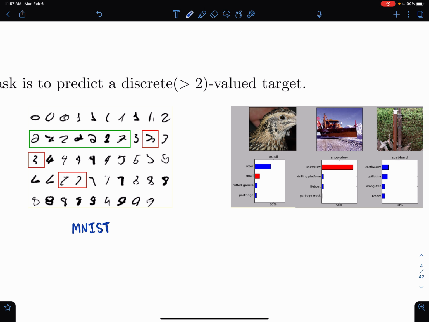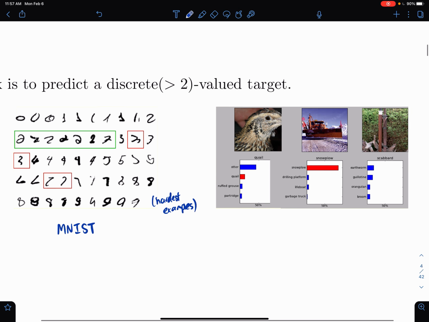And these are some of the hardest examples on MNIST, I think. These are examples where it's potentially really ambiguous, even for a human, what some of these digits actually are. So the ones in the green boxes might be 2s, but it's like a pretty random set of numbers.